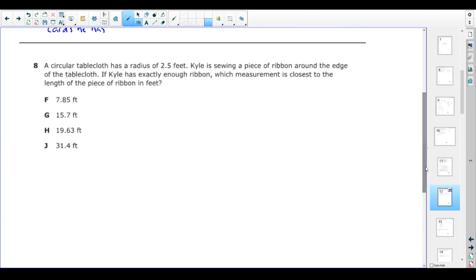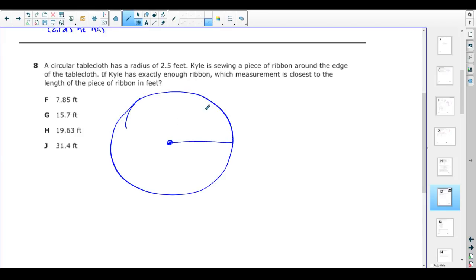Alright. Number 8, a tablecloth has radius 2.5 feet. So it's a circular tablecloth, so draw yourself a perfect circle there. Radius is halfway across. And we want to go around the edge, that is circumference.